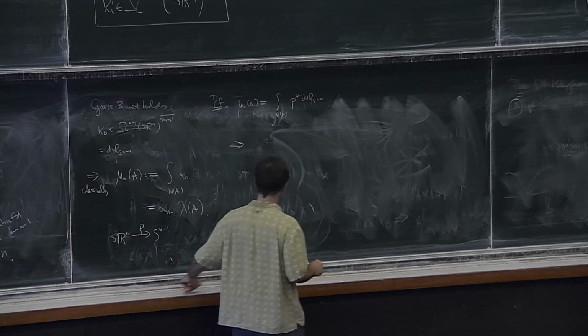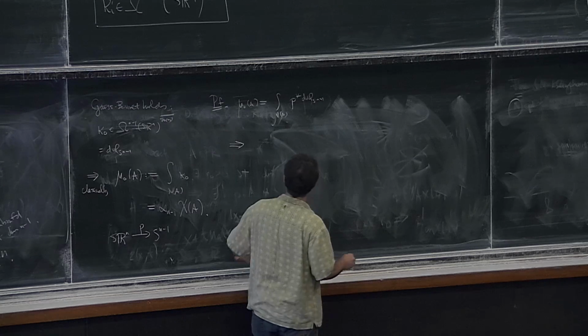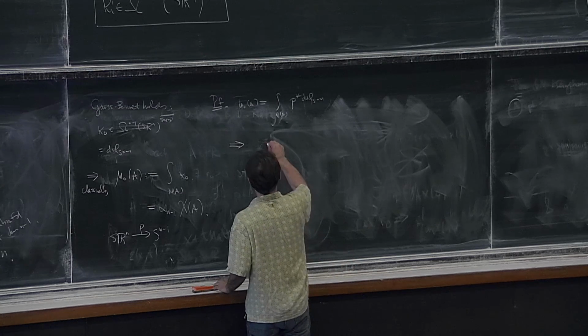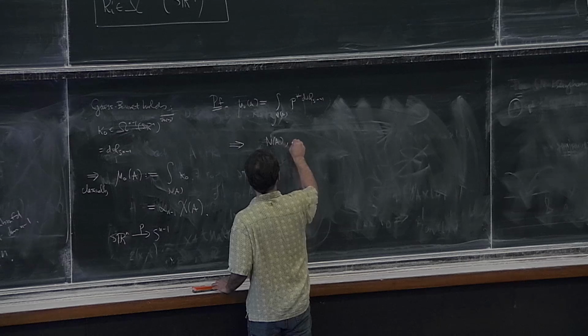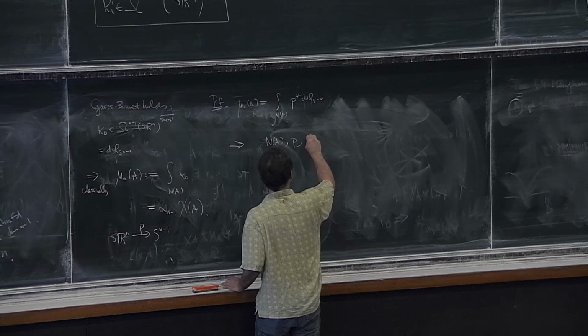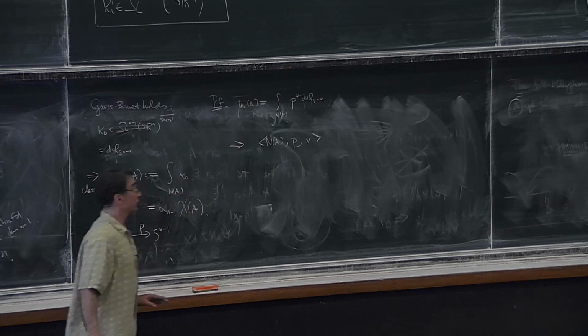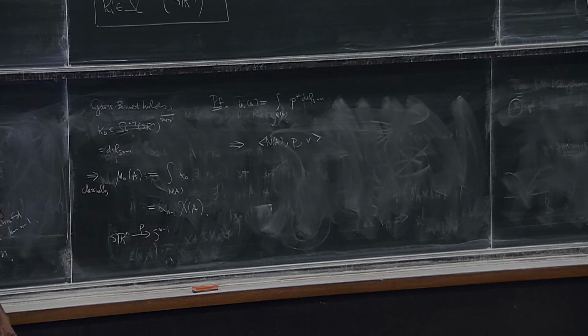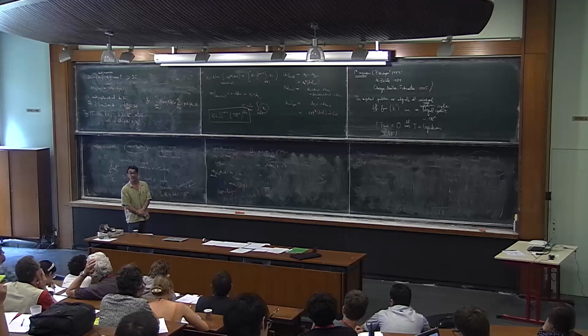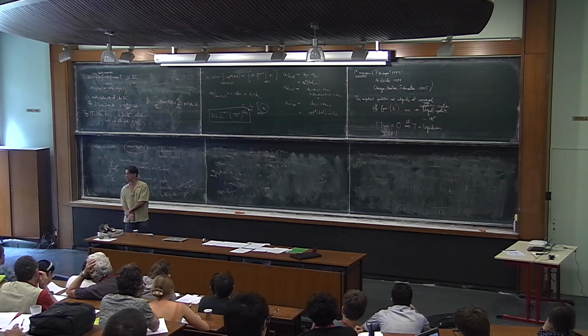What I want to do is, suppose I take n of a, and I slice it by p at v. So I've sliced this n minus 1 dimensional current by a map into n minus 1 dimensional space. This is a 0-dimensional integral current, so it's a sum of point masses with multiplicities.